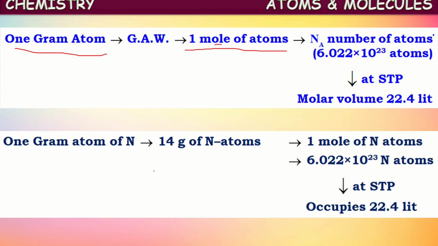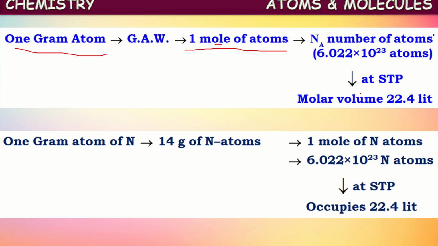So any 1 gram atom of an element you are considering is nothing but gram atomic weight. Gram atomic weight of that element contains 1 mole of atoms of that element. 1 mole of atoms of an element is Avogadro number of atoms. This Avogadro number of atoms occupies 22.4 liters of volume at standard temperature and pressure conditions.